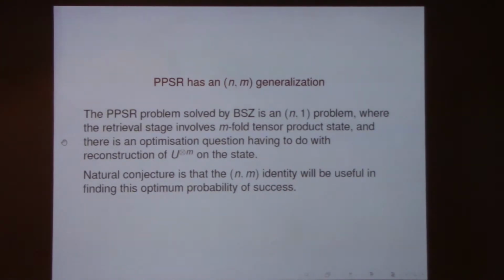And this is a conjecture that we made together with this quantum information expert, and this is still open. We don't know what is the optimum probability. We don't know all the steps to really prove that this identity really leads to that.